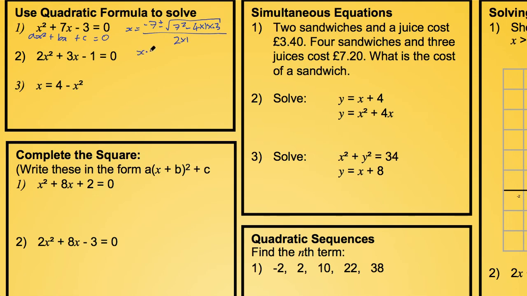So x equals minus 7 plus or minus the square root of, so I've got minus 4 times minus 3 here, that is plus 12.